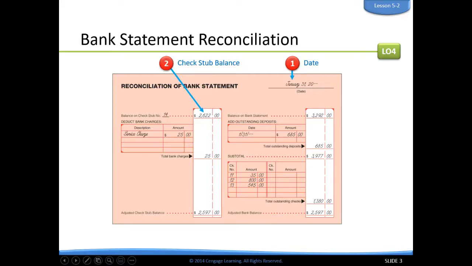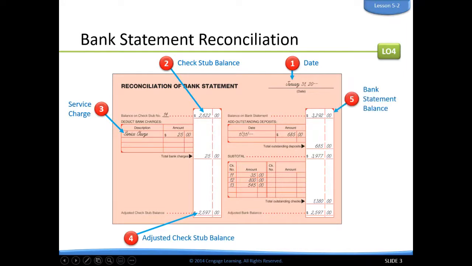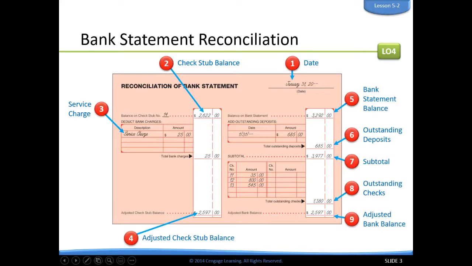Then we'll look at the bank statement and see if there are any checks or deposits that have happened since they put that in the mail to me. We'll add or subtract those as needed and come up with a number. And hopefully those two numbers at the end match. Okay, so those are the steps we're going through.